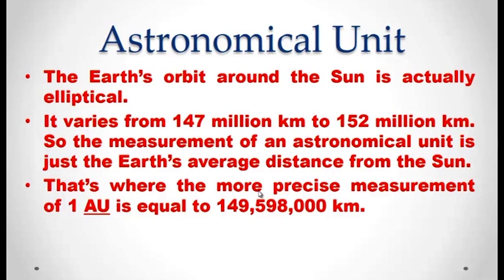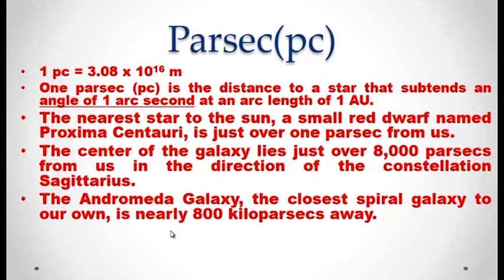This average value is obtained from the variation of Earth's distance from the Sun from 147 million kilometers to 152 million kilometers. This is how Earth's position varies from the Sun throughout its path around the Sun. So the astronomical unit is just the Earth's average distance from the Sun. This is how the astronomical unit evolved to measure the distance of different celestial objects with respect to Earth.